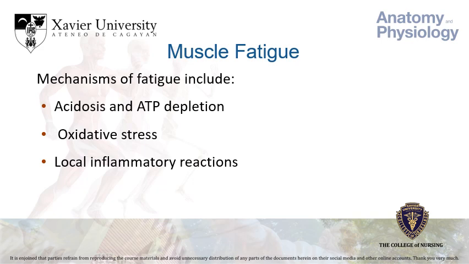This includes acidosis and ATP depletion due to either an increased ATP consumption or a decreased ATP production. Oxidative stress, which is characterized by a building up of excessive reactive oxygen species, or ROS. These are free radicals. And lastly, local inflammatory reactions.